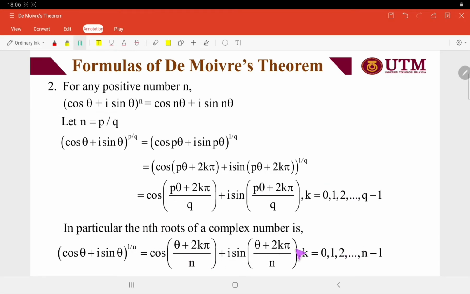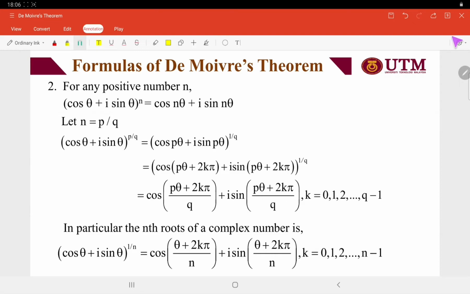So our aim is that we want to find the nth root of the complex number. So this q here shows that this equation has q different roots.